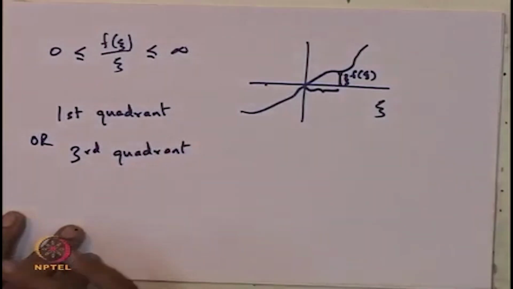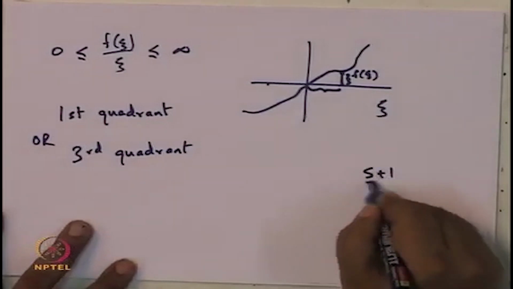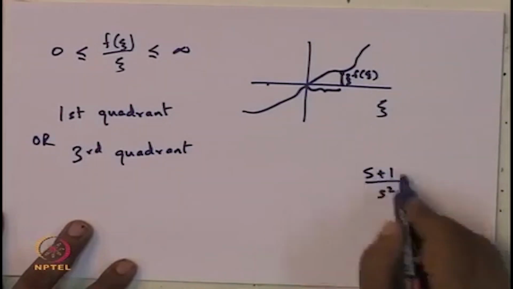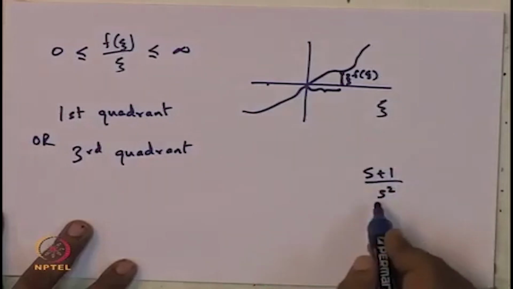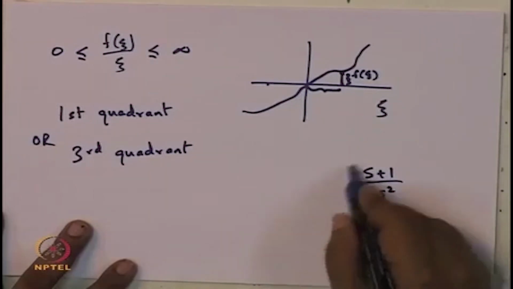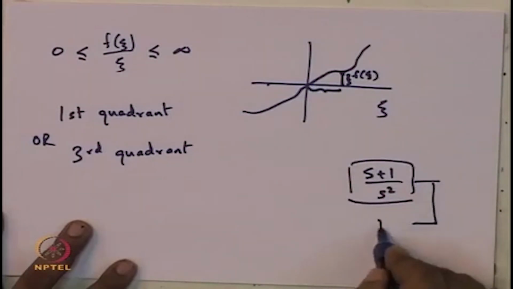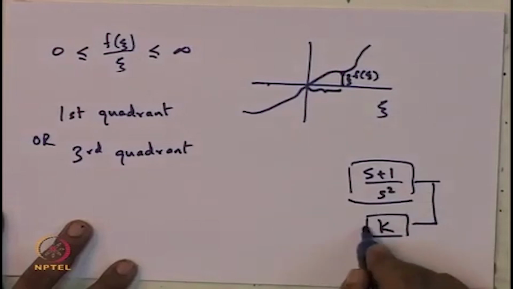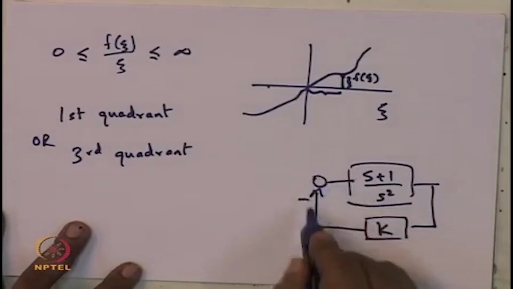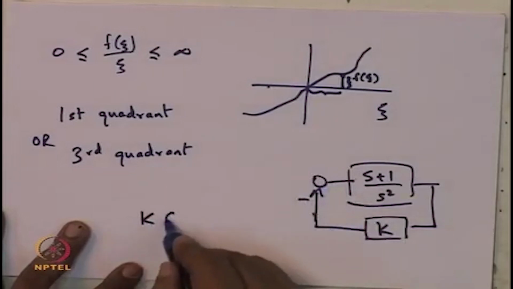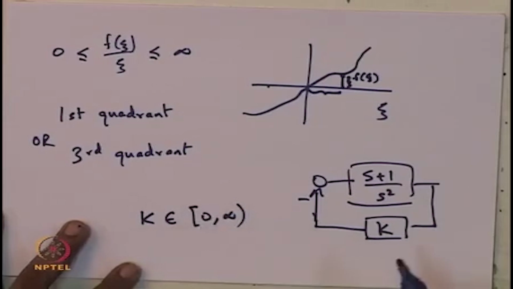Now, the linear system that we looked at, (s plus 1) upon s squared, we saw that this particular linear system is stable when you put it in a feedback connection with k lying between 0 and infinity.